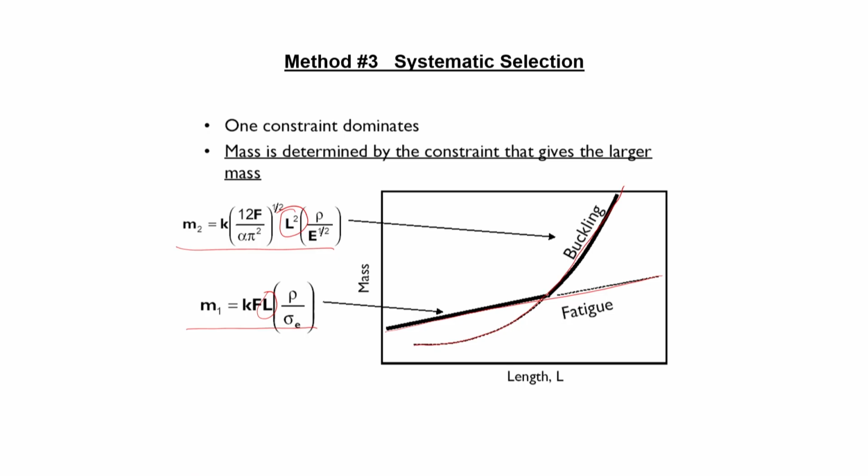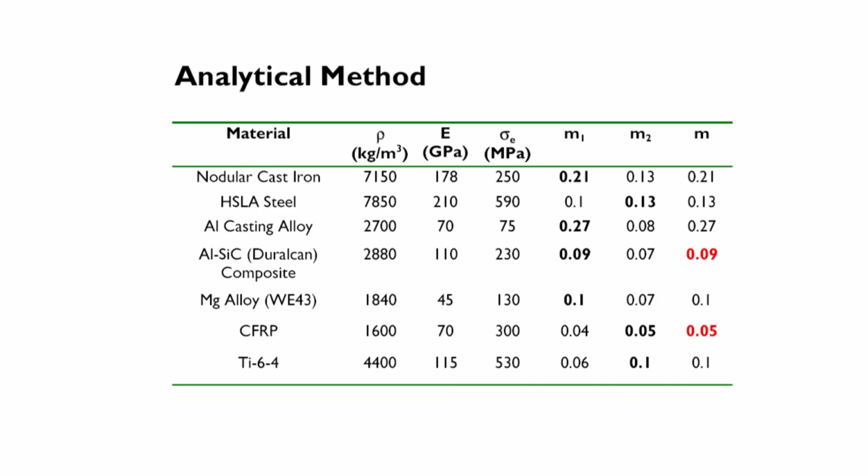So, and there is a cutting point here. So, that means up till this point it is the length that predominates. Okay. So, if the length is less, then fatigue is more important, and beyond this critical length LCR, buckling becomes important in the system. Accordingly, I can apply the material property index.